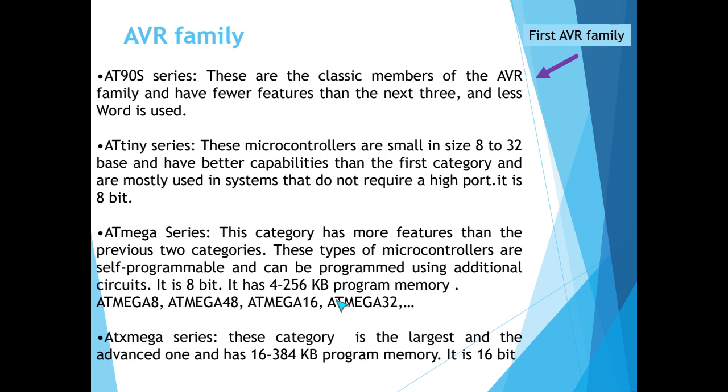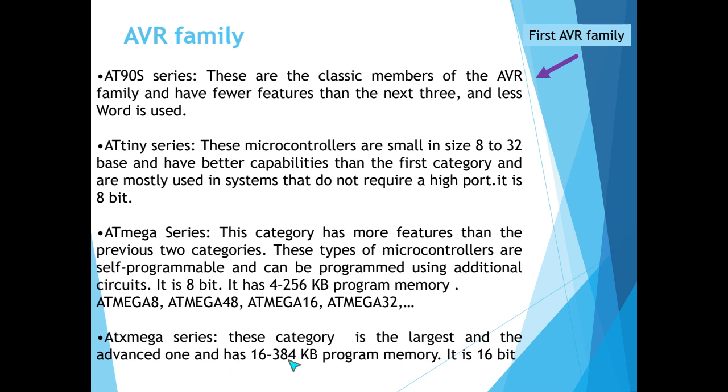The other one, which is a large amount, is called the XMega series. This category is the largest and most advanced one, and has 16 to 384 kilobyte program memory.